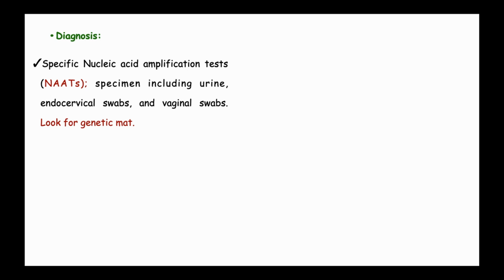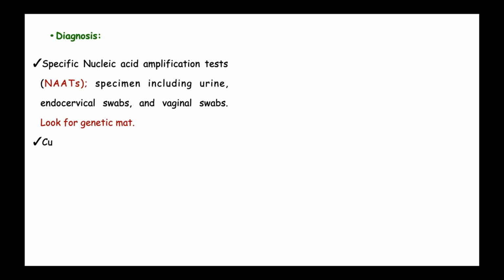So we are not limited to only vaginal secretions. We are able to take specimens from the urine, the endocervical swab, as well as the vaginal swab, to help us in isolating Neisseria gonorrhoeae. When we do the nucleic acid amplification test, we look for the genetic material of gonorrhea.